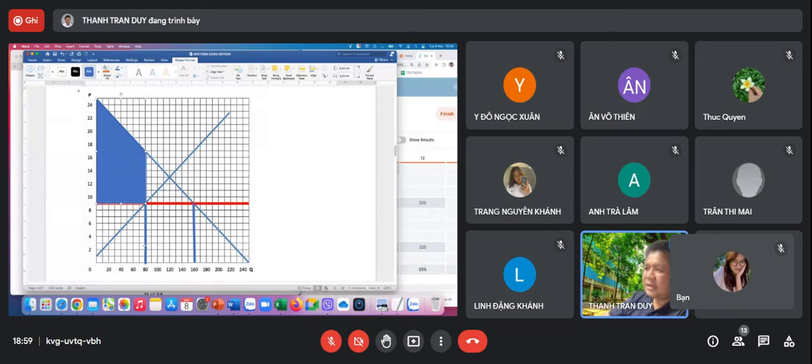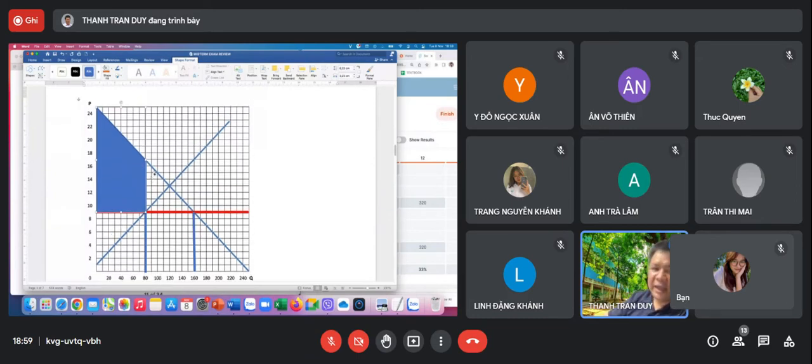You have a height of 80, and the average of the two sides, one is 16 and another is 8, so 16 plus 8 is 24, and the average is 12.